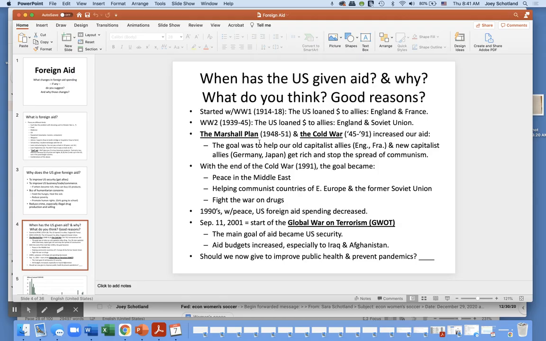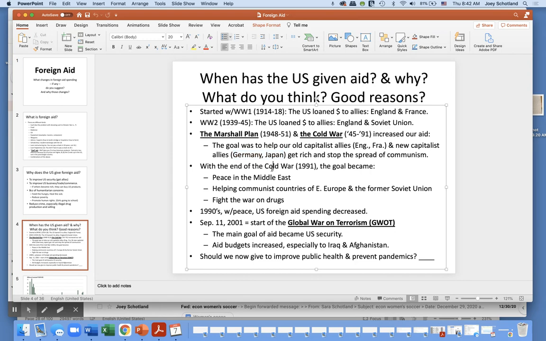You should remember from US history class, after World War II, we did the Marshall Plan, and then we fought the Cold War, and we increased our foreign aid. The goal was to help our old capitalist allies like England and France and our new capitalist allies like Germany and Japan. We gave those World War II enemies a lot of money and help after the war. They got rich, and we wanted to stop the spread of communism.